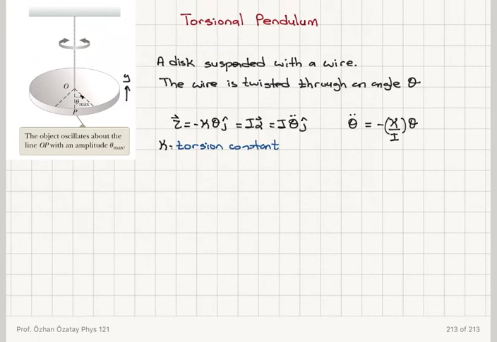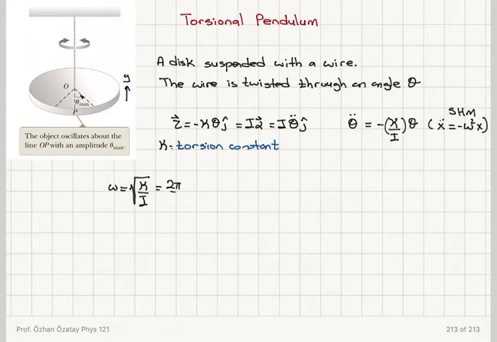Once again, what is this kappa? Kappa is called the torsion constant. So it depends on the material the wire is made up of, and it's just like my spring constant in the spring mass system. So I've obtained this equation of motion, and it is already in the form of simple harmonic motion equation of motion, minus omega square x.